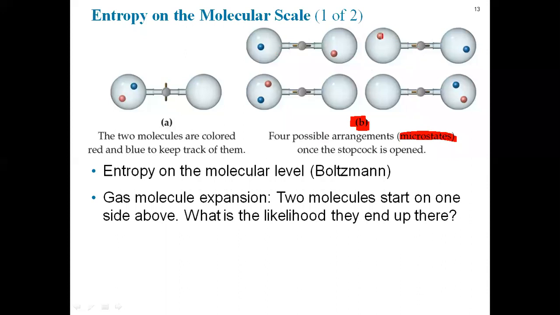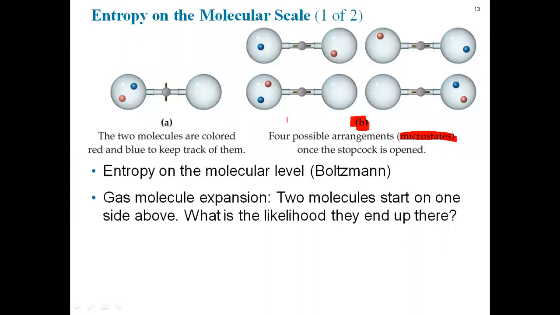The red one alone on the left side is also 1 state out of the 4. So what is the possibility for either the blue one or the red one to be on the left side, but only one of them? 1/4 plus 1/4 equals 1/2.